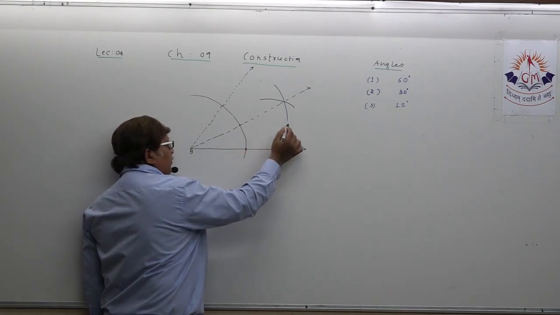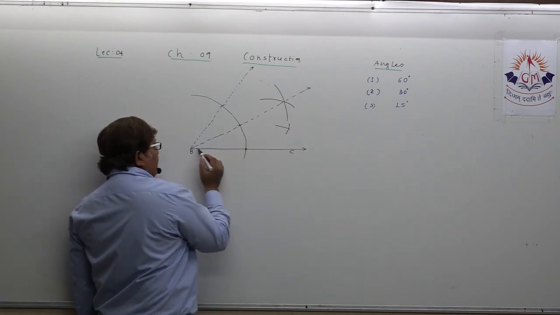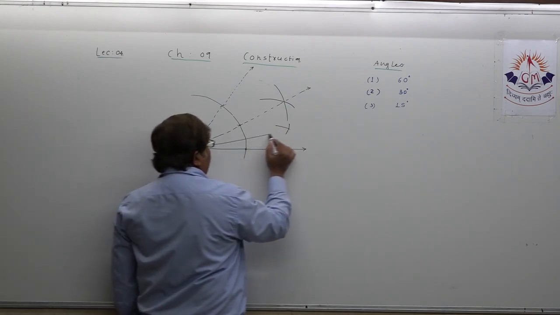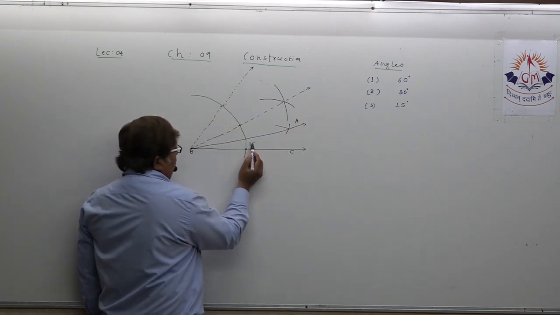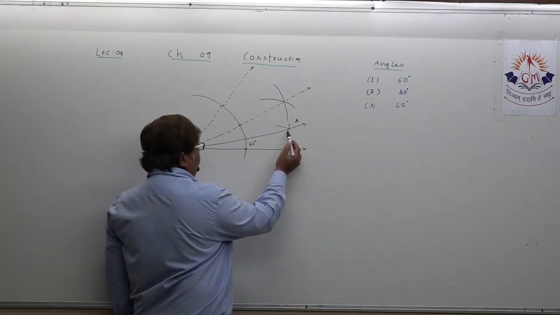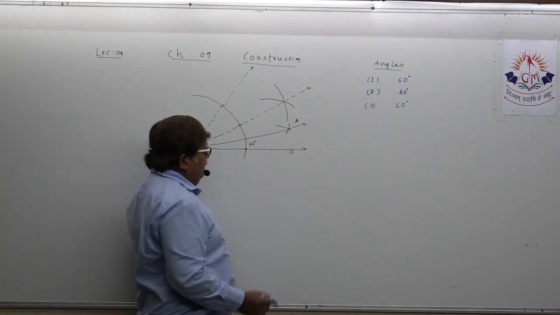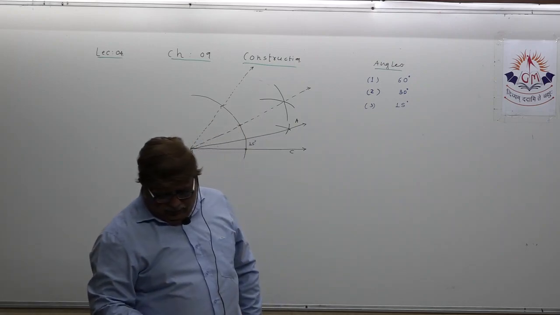So one arc from here and one arc from here, and then you will draw a solid line to say angle ABC. This is only 15 degrees. You understood? This way you can construct an angle of 15 degrees.